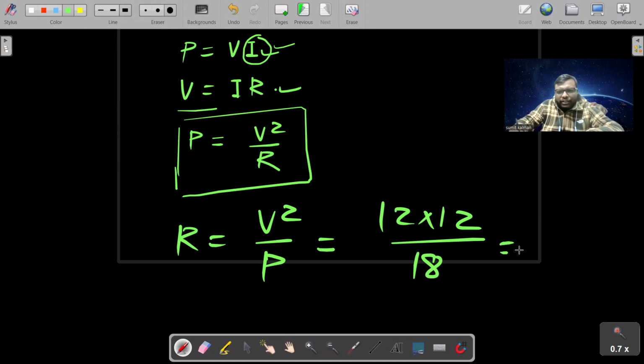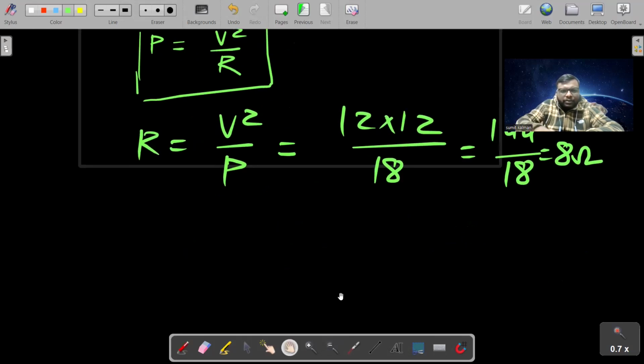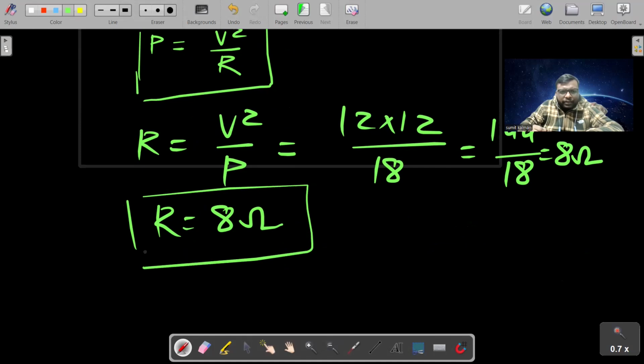So students, it will become 144 upon 18, and it will become 8 ohm. So the resistance of each bulb here is 8 ohm. So this was part A, and the answer is the resistance of each bulb is 8 ohm.